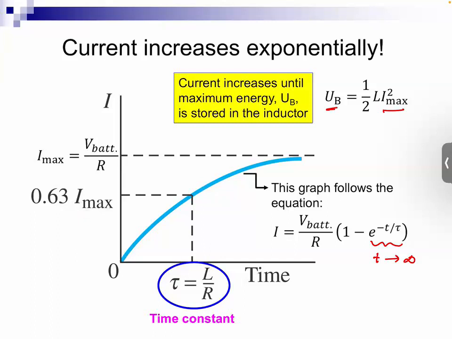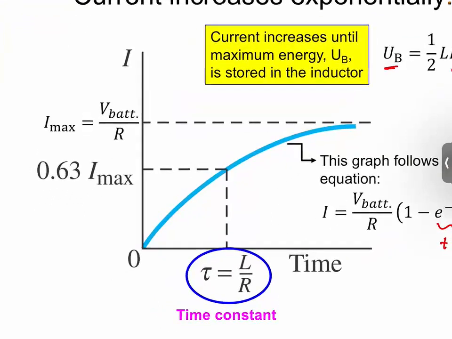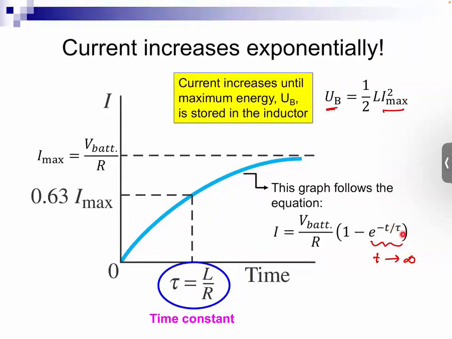When we talked about a capacitor charging up, we also encountered this time constant and this 63%. That came from setting time t equal to tau and working out this equation. You'll see that you'll have 1 minus 0.37, which is 0.63. Okay, so that's the time constant.